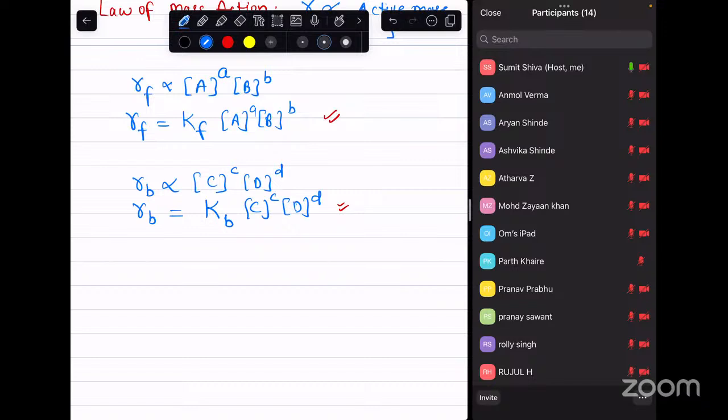Let's say I have 10 units of reactant, and out of that 10 units, 2 units are converted into product, and now the situation is such that the remaining 8 units of reactant will always stay at 8 units. It is neither going to increase nor decrease. Similarly, on the product side, I have 2 units of product, and this is not going to change, but it does not imply the reaction is completed or stopped.